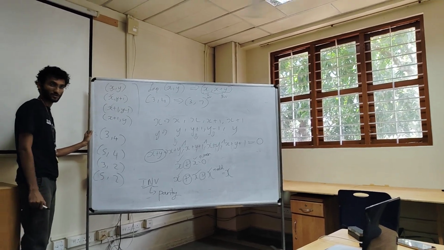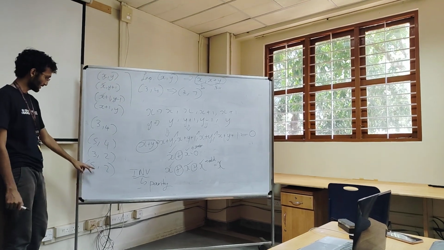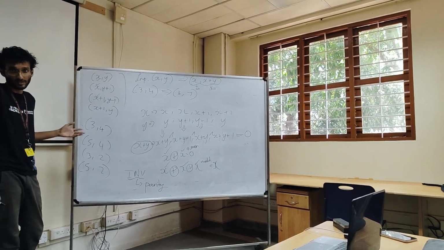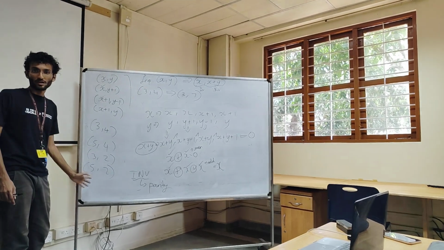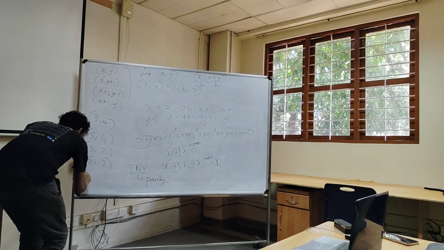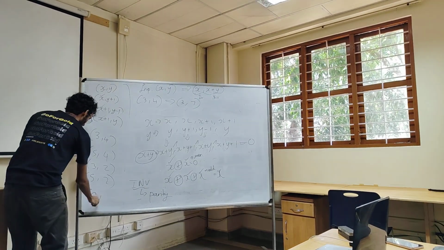Over here, if you see all the invariants, 5 and 5 is getting applied 2 times, 3 and 3 is getting applied 2 times. So the final x coordinate will be 0 for sure. Everything is cancelling.